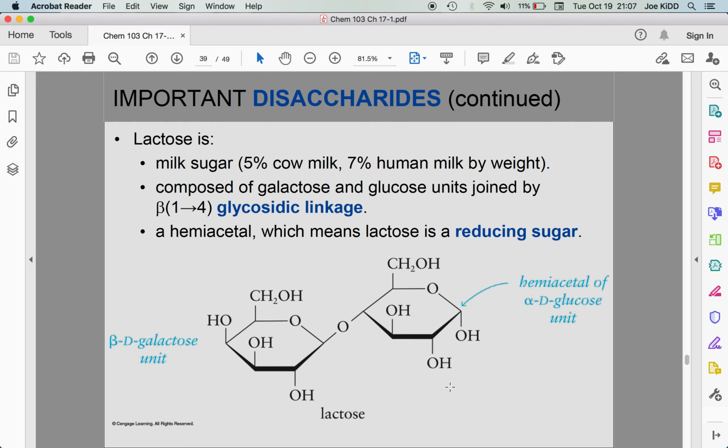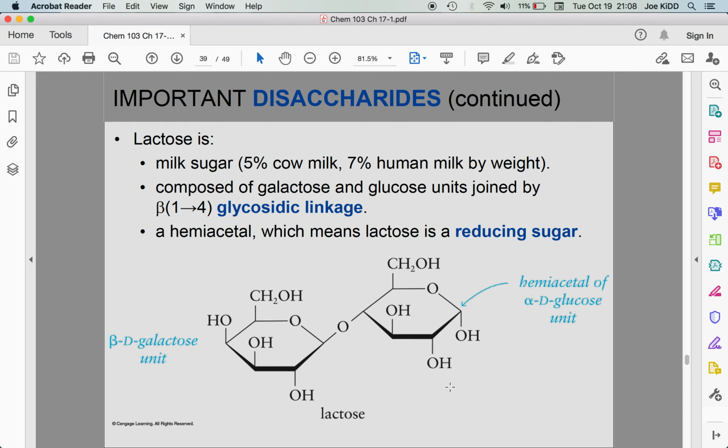Lactose is another disaccharide that we're going to learn about. Lactose is milk sugar, and it is a unit of alpha D glucose and a unit of beta D galactose linked together by what we call a beta 1,4 glycosidic linkage.